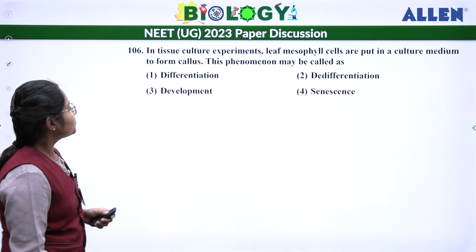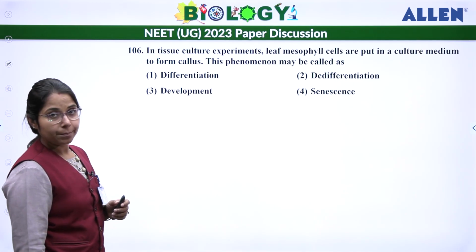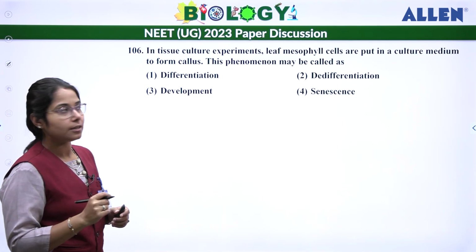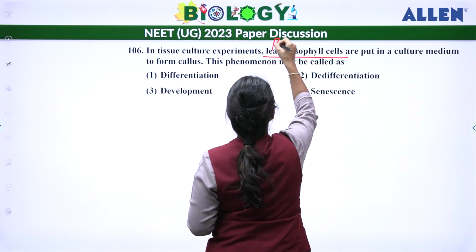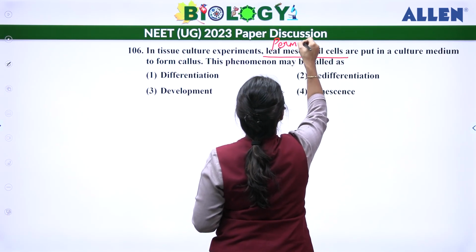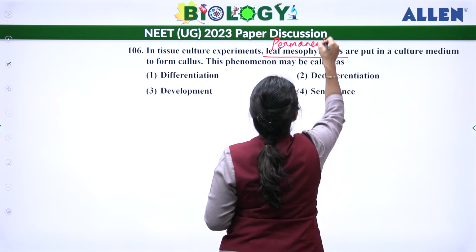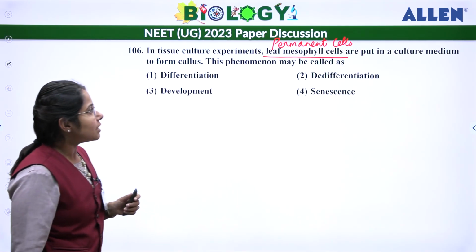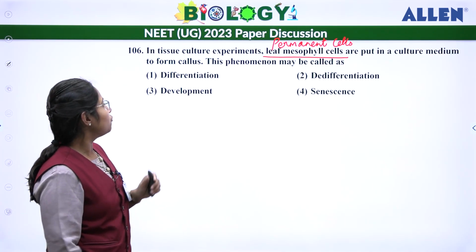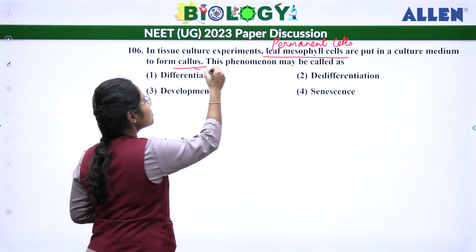So next question. In a tissue culture experiment, the leaf mesophyll cells. Now leaf mesophyll cells are what? These are your permanent cells, differentiated cells. So these are put in a culture medium to form callus. Callus is what?